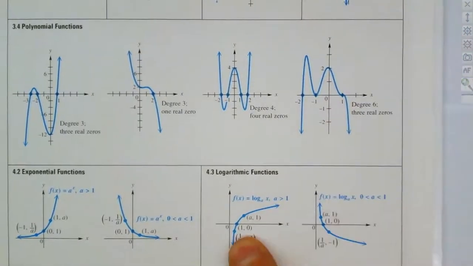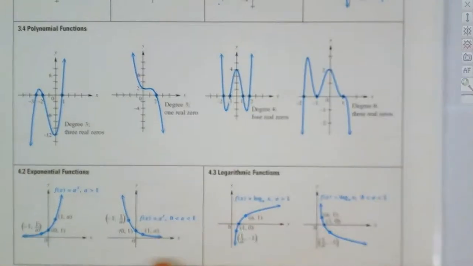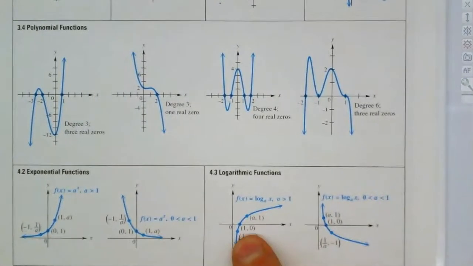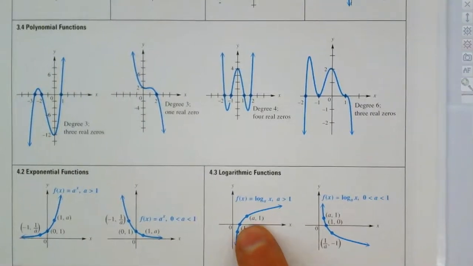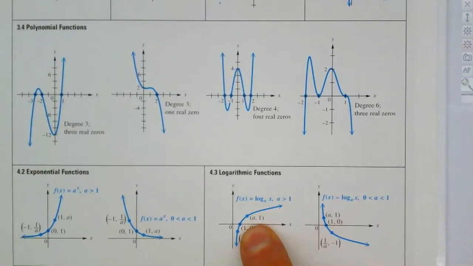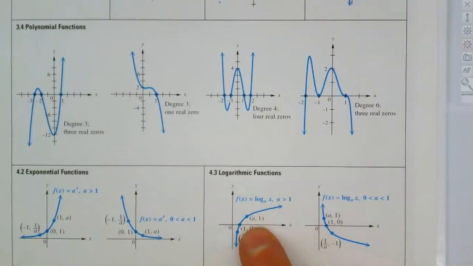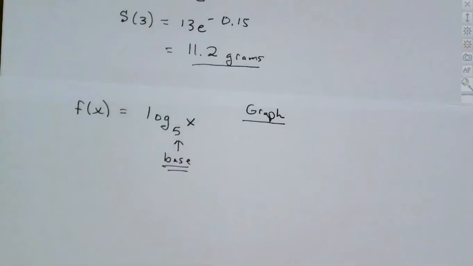And notice we still have, instead of it being 0, 1 up here for the exponentials, right? We have 1, 0 here. So that changed it a little bit. Now we still have a, 1. So that would be your base there. So whatever your base is, that becomes that value of x, not y, because they're inverses of each other.